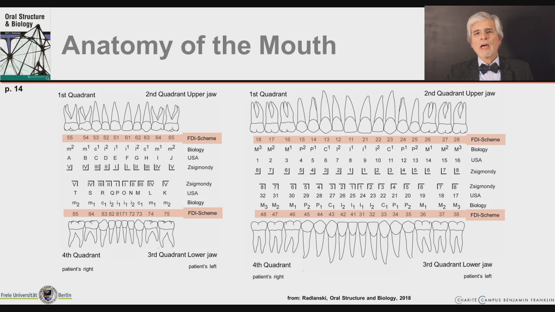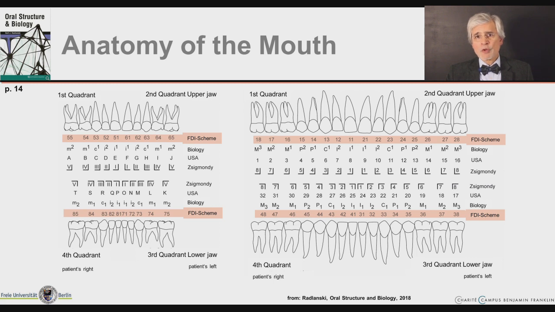You see, I have drawn here the dental arches of the deciduous teeth on the left and the permanent teeth in the right diagram. Upper jaw on top, lower jaw at the bottom, and then the 4 quadrants as explained before. I have highlighted in pink the tooth numbering as used in most of the world today, according to the Fédération Dentaire Internationale, FDI.